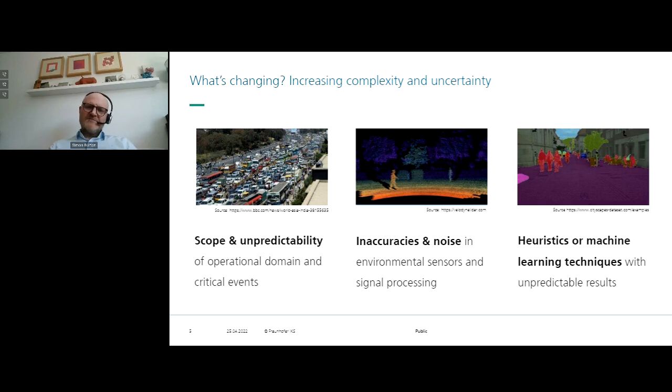However, the use of machine learning itself introduced another set of challenges. Machine learning algorithms themselves produce not very predictable results and introduce a set of uncertainty in their calculations themselves. And on the one hand, as I say, they can help. On the other hand, they just seem to add more problems, especially for us safety engineers.